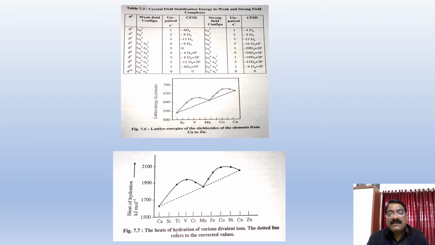We have these 3 points on the straight line, and the other ions have the points above this expected line, with higher figures. When we subtract the CFSE of that particular ion, that point will lie on the straight line. This indicates that these ions have the crystal field stabilization energy.